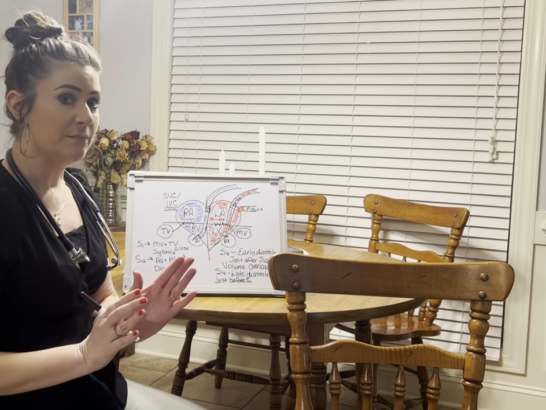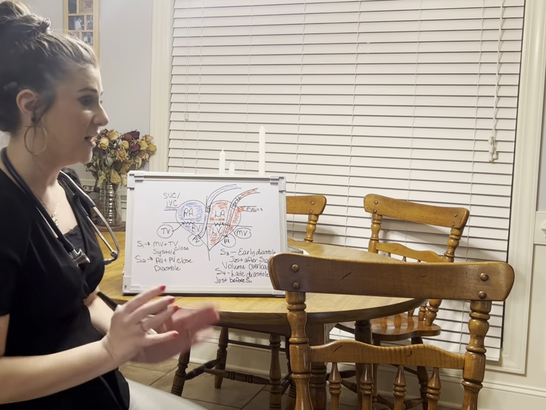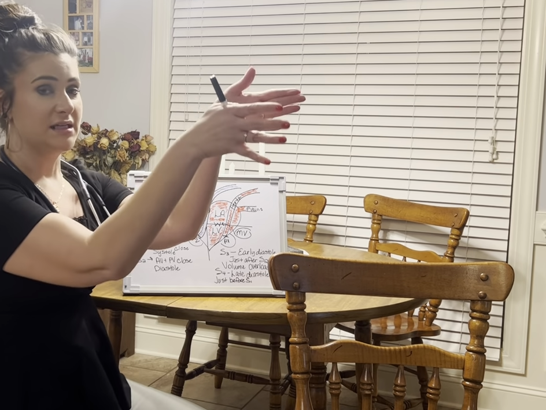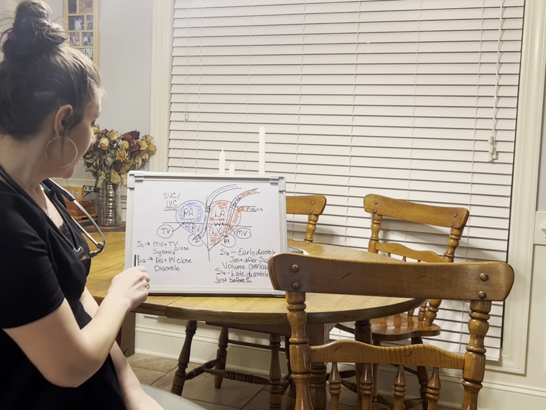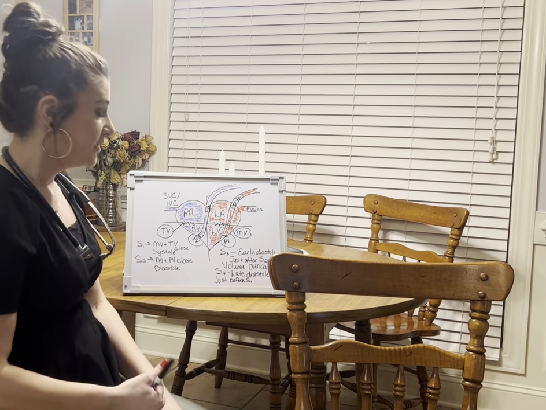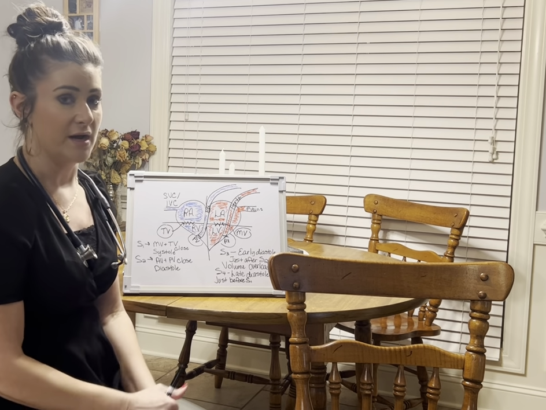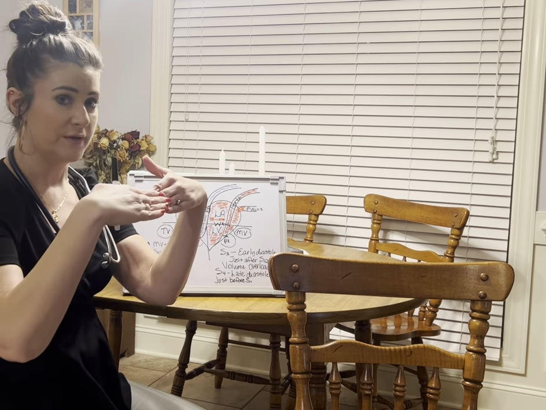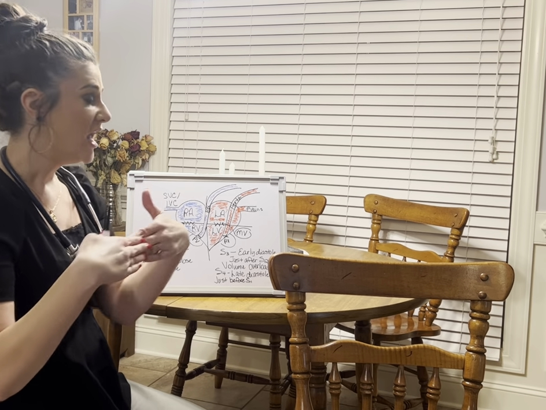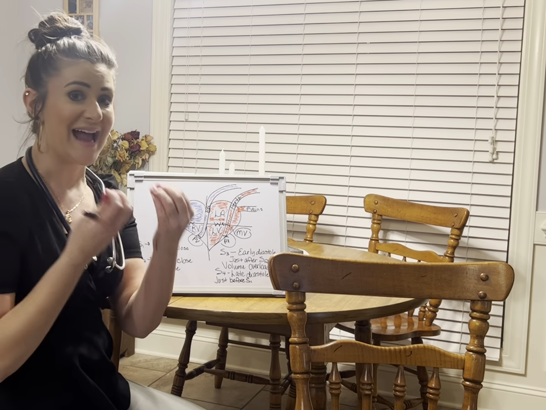So when blood is being pumped out through the pulmonary valve and the aortic valve, that's systole, okay? So S2 then is marked by closure of your pulmonic valve and your aortic valve. Boom, when those close, that produces your S2 sound, and that marks the beginning of diastole.